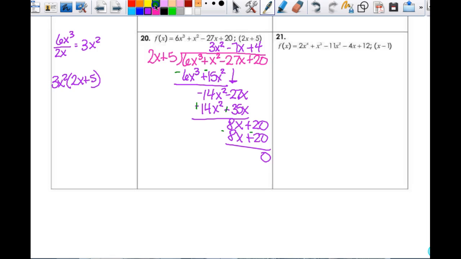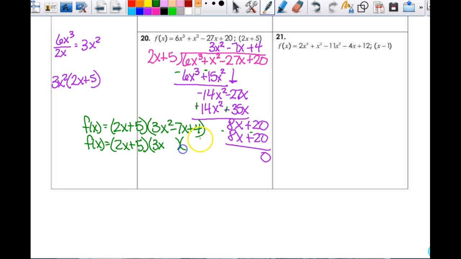So then I've got to write down what I've got. At this point I have f of x is equal to 2x plus 5 times 3x squared minus 7x plus 4. Then I have to factor. So this is going to be 3x and x.